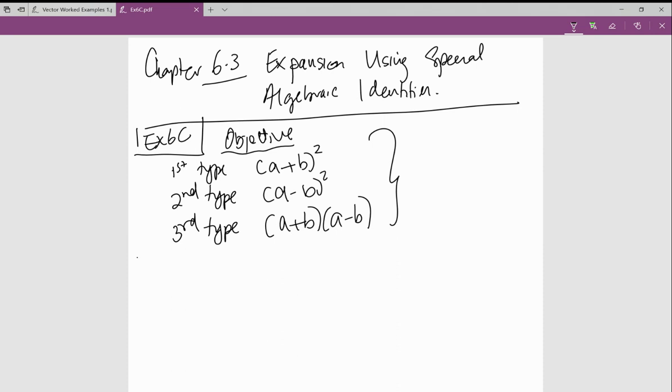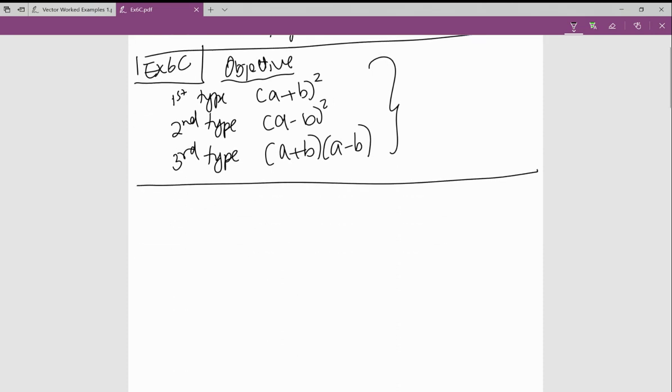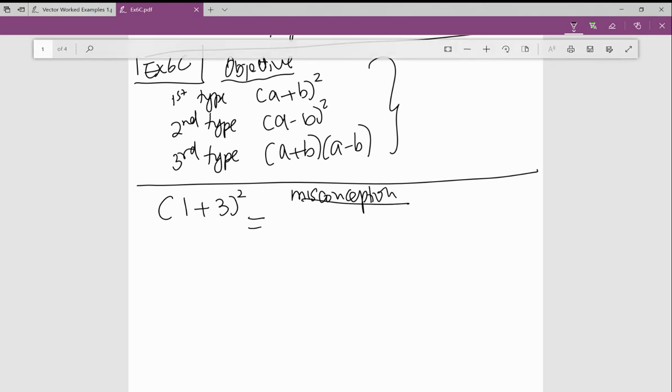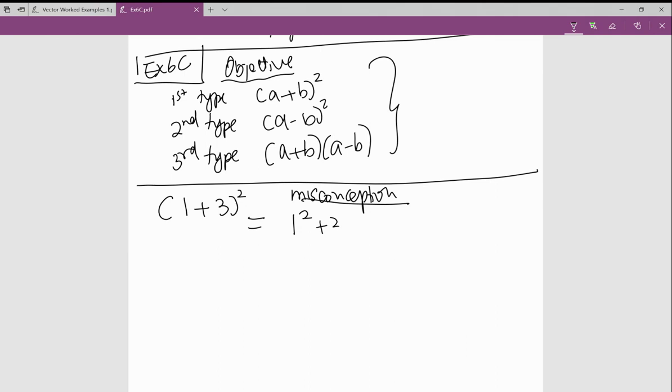Okay. Before I start this lesson, let me share with you the misconception many students have. Let me give you an example. (1 plus 3) squared. The misconception that students have is that this equals 1 squared plus 3 squared.